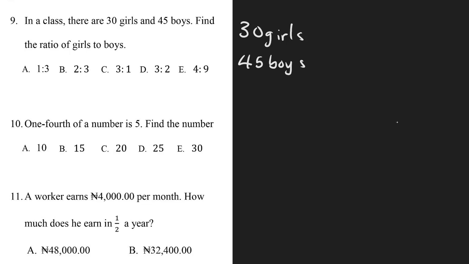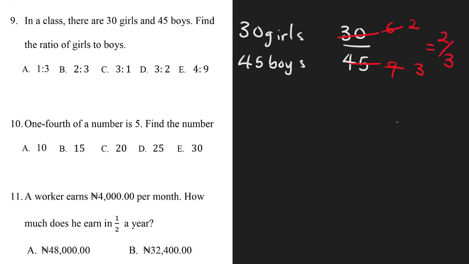So it's simply saying 30 over 45, girls to boys. So let's reduce it to the lowest term. 5, 2 cannot go. So 5 here is 6 and 5 here is 9, right? 3 here is 2 and 3 here is 3. So we have 2 over 3.